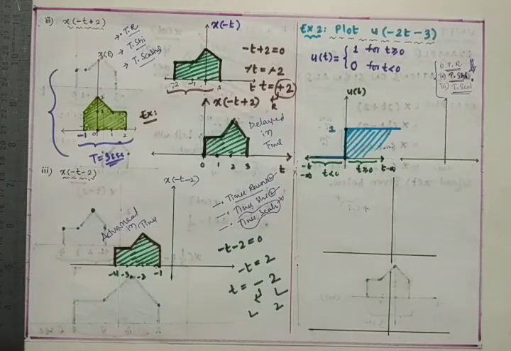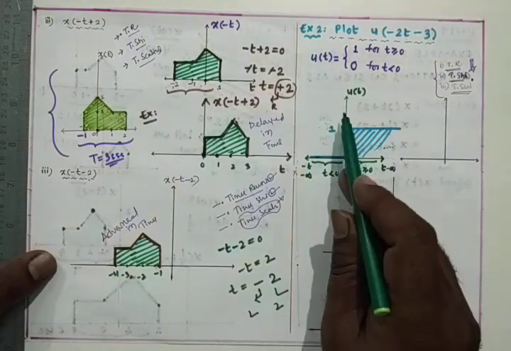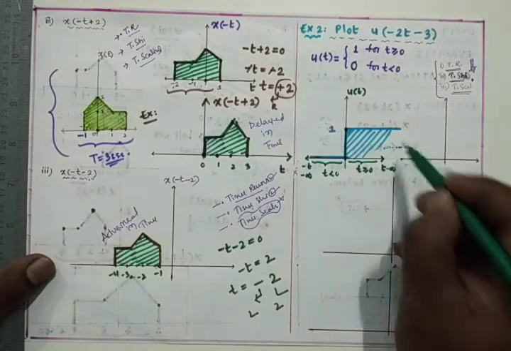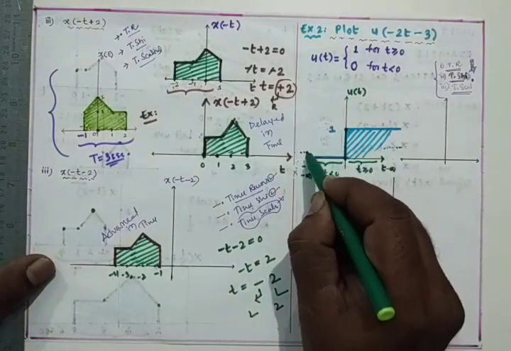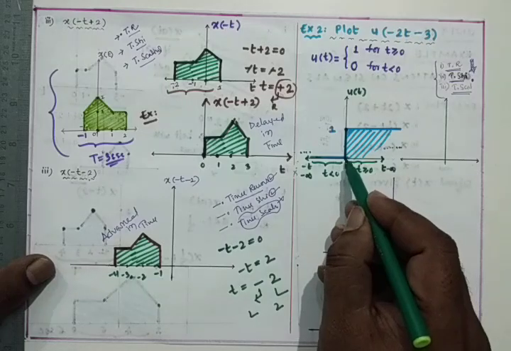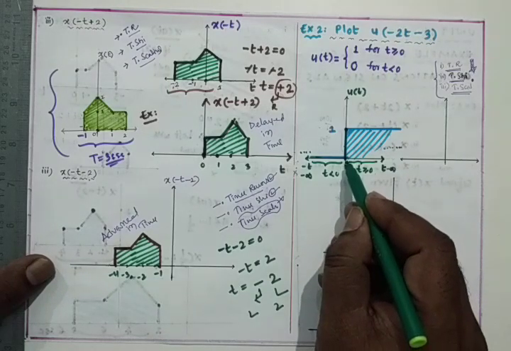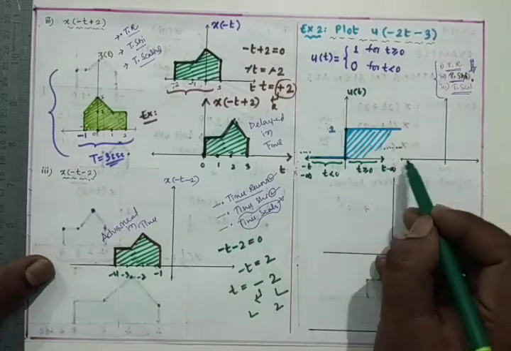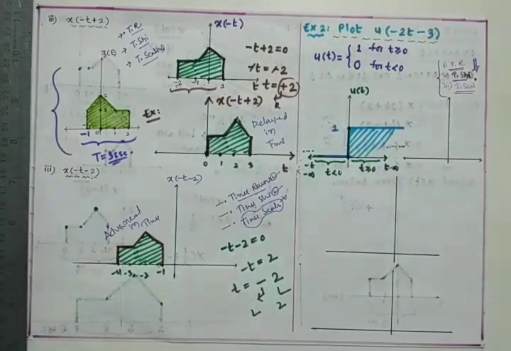This is the unit step signal. It looks like a step only. It remains 0 from minus infinity up to 0, and it is 1 from 0 to positive infinity.